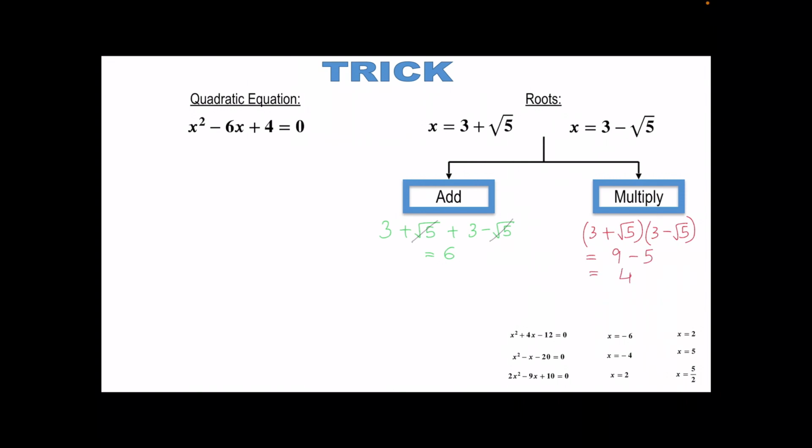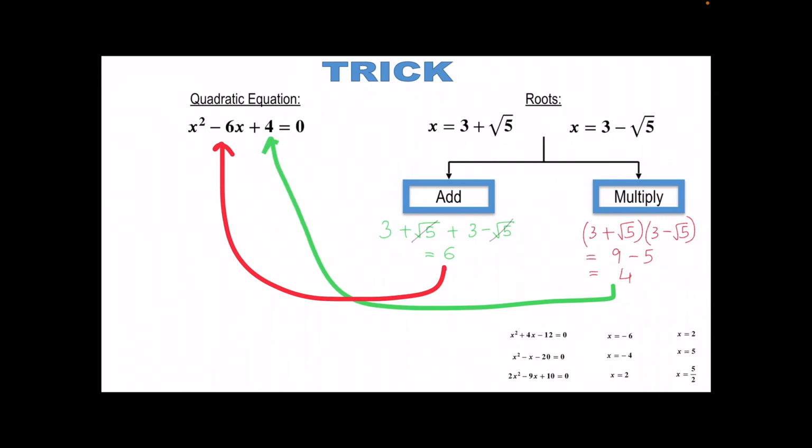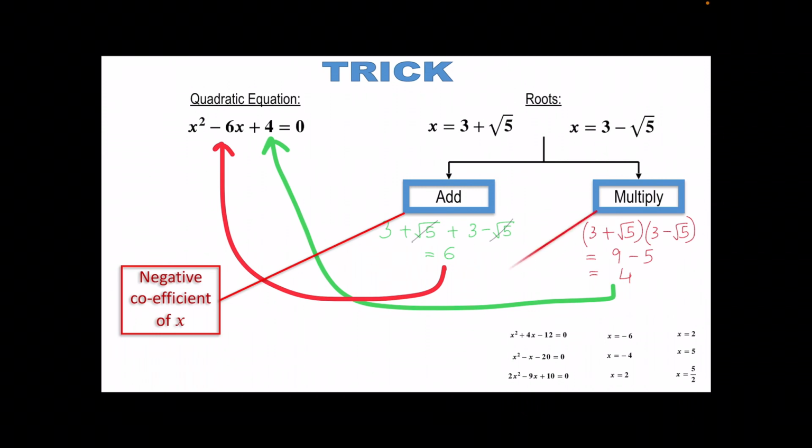And if you check with the quadratic equation, addition is equal to the negative coefficient of x and the product is equal to the constant term. So this works even if the roots are irrational.